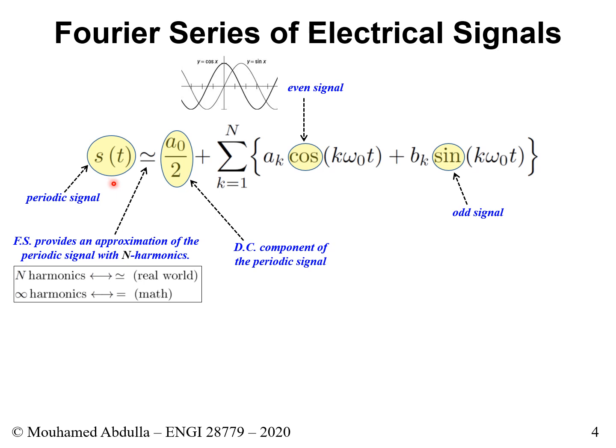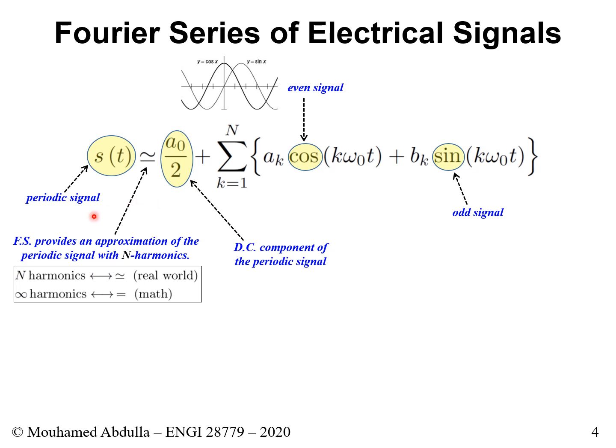If it is an even signal, you need to keep this and you need to keep this, but this part here will be 0. There is no odd component to it. If, however, your periodic signal is an odd signal, you keep this, this part becomes 0, and this part becomes 0. Okay? And that's how you simplify the analysis.